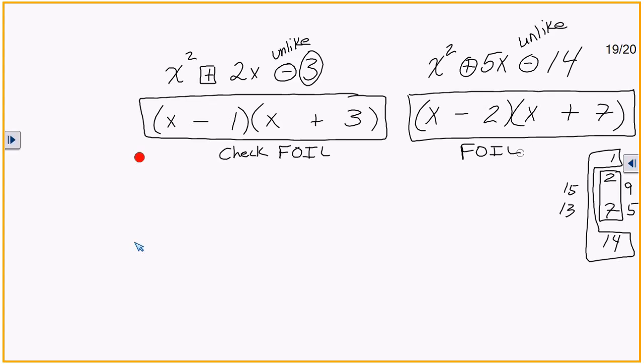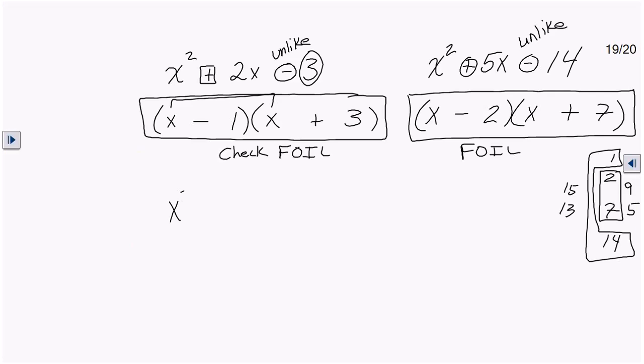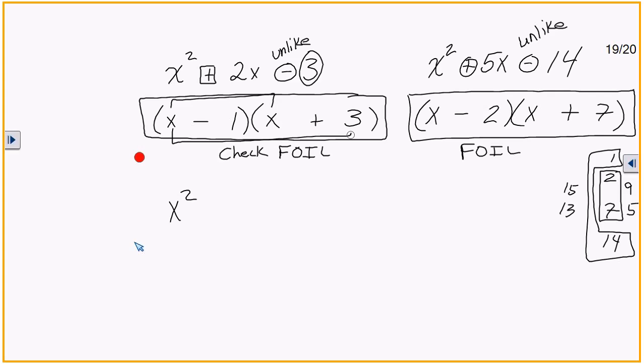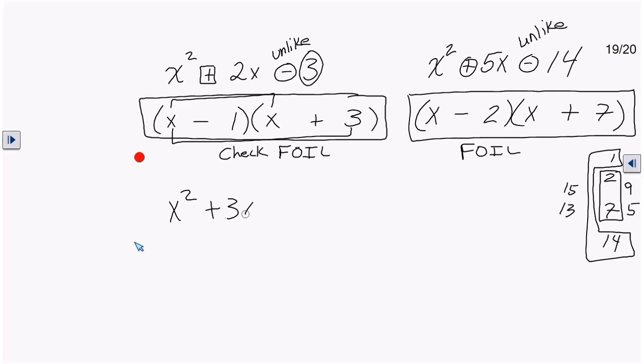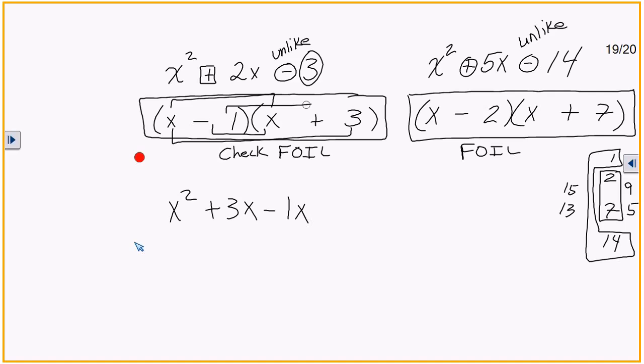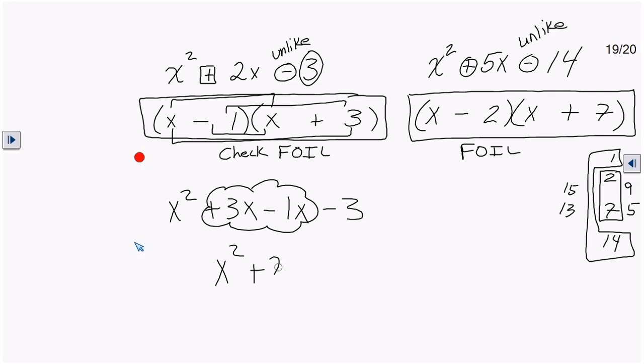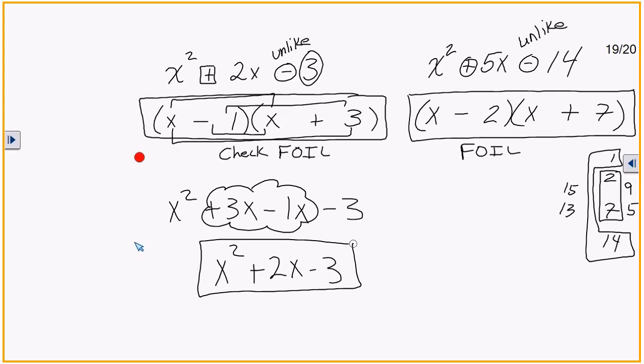I'll do this one for you. x times x is x squared. Positive 3x, minus 1x, minus 3. And these two usually combine. x squared plus 2x minus 3. And that should be what you started with.